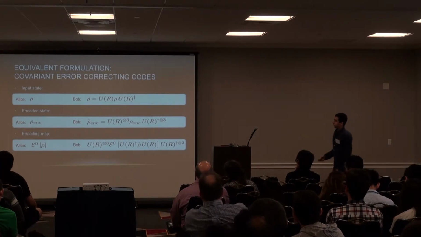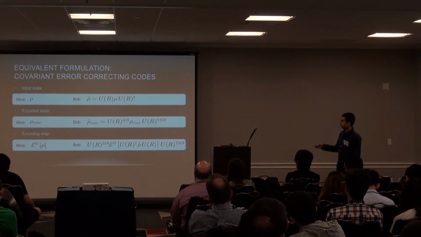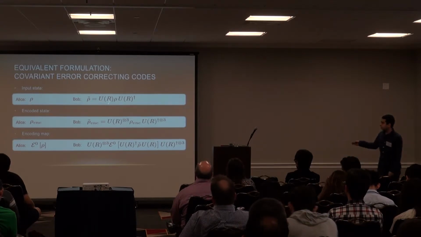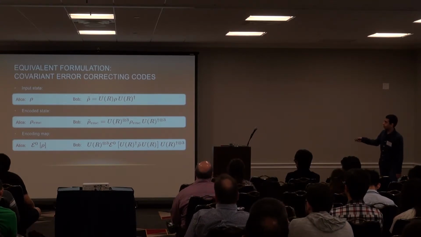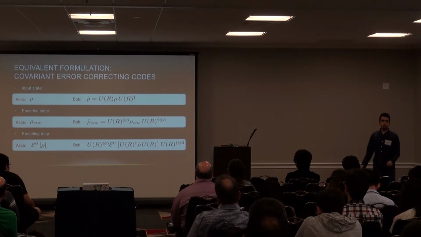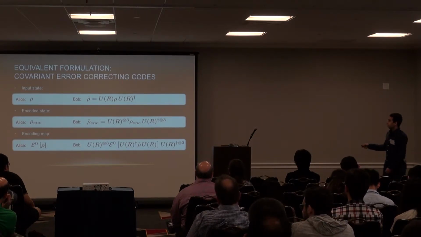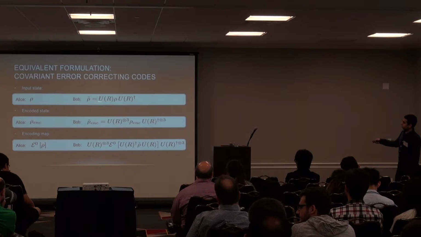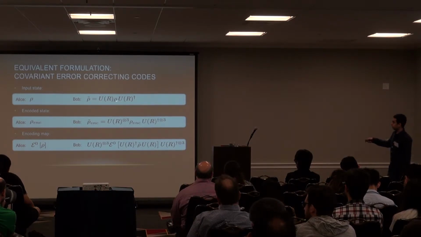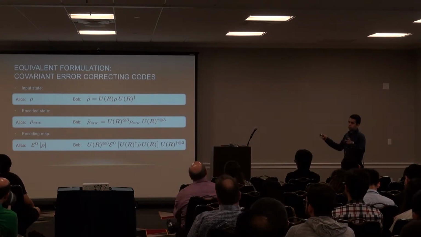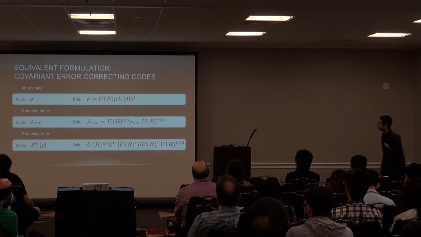So let's study the problem. Suppose that Alice has the input state rho, and Bob, in his reference frame, sees the state rho tilde, which is a rotated version of rho. Of course, U(R) acts on rho. U is the representation of this rotation group, and R is the rotation matrix relating these 2 reference frames.